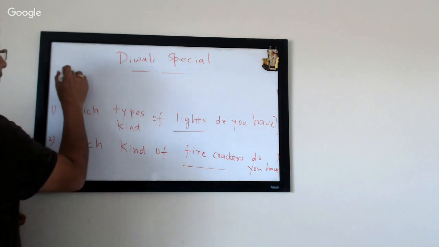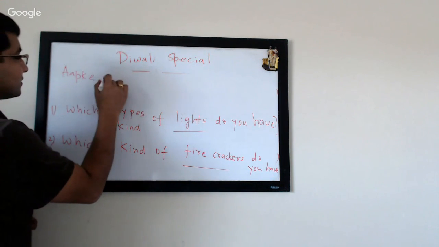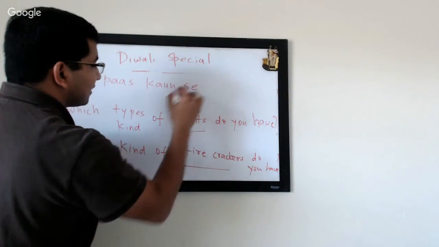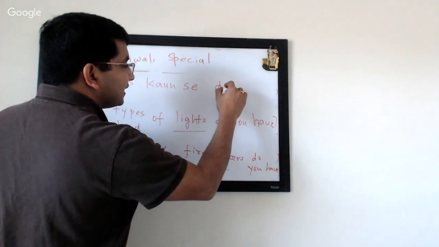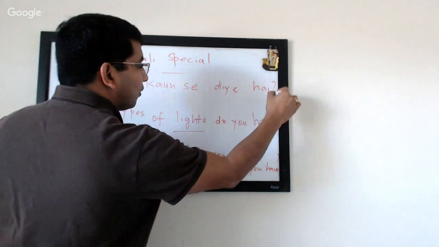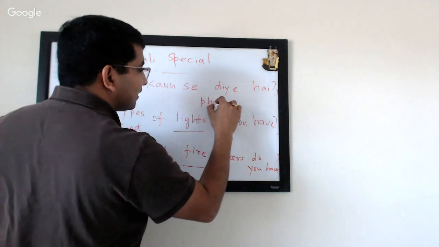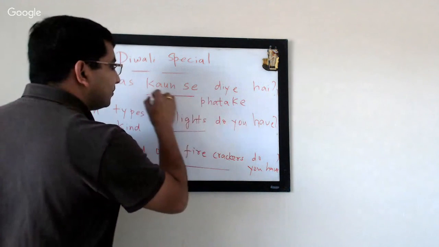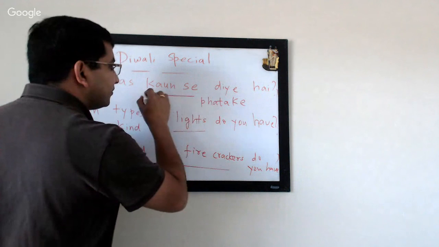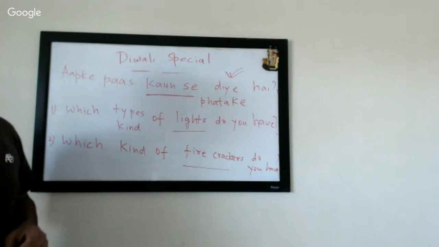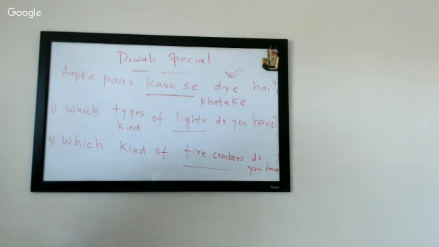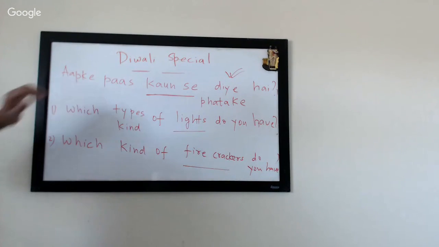It'll be आपके पास कौन से, either you'll say दिये हैं, or you can say कौन से पटाके हैं. कौन से will come before what you're trying to purchase, दिये or पटाके, right? So the interrogative is coming before the object. So I think most of you got it right, which is good. Please take a look at it one more time to see if you have any questions or comments.